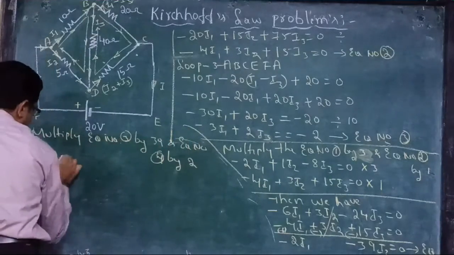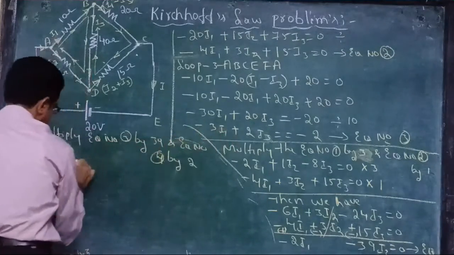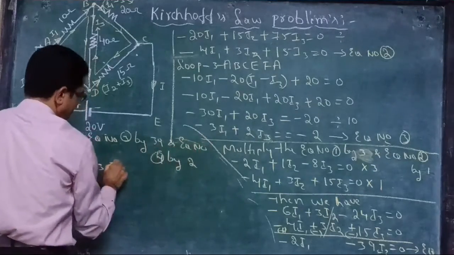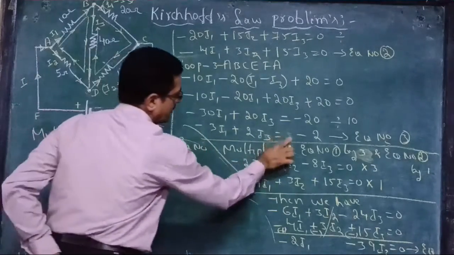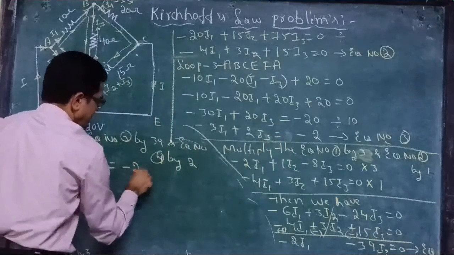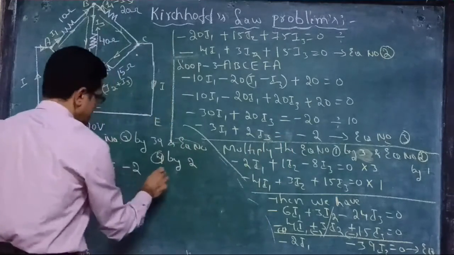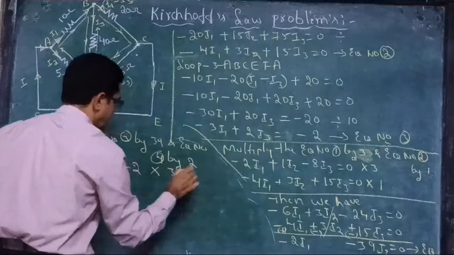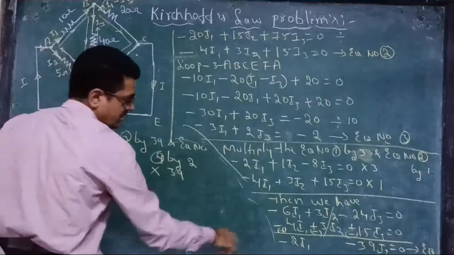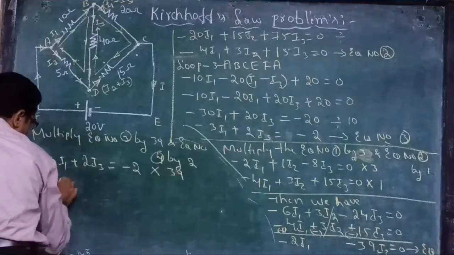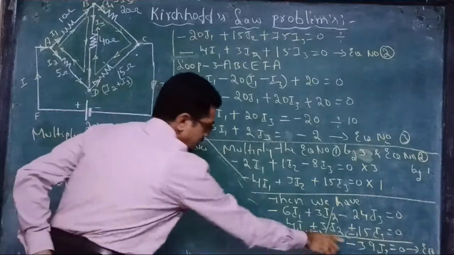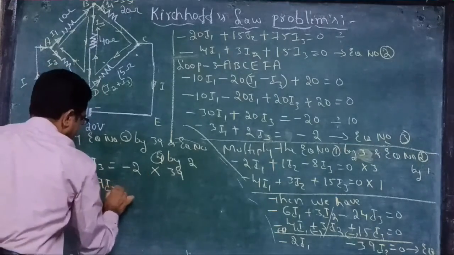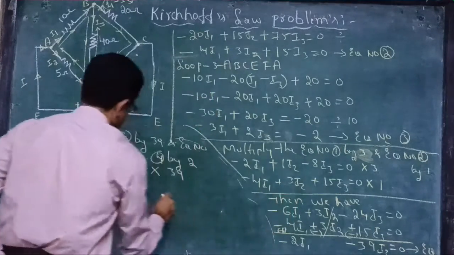So I will write once again the two equations here. Minus 3 I1 plus 2 I3 is equal to minus 2. This should be multiplied by 39. Next, minus 2 I1 minus 39 I3 is equal to 0.